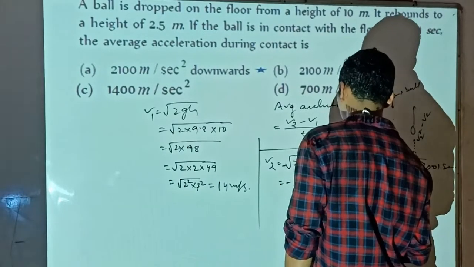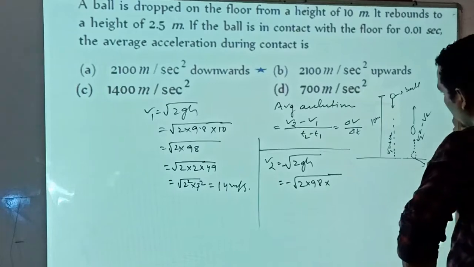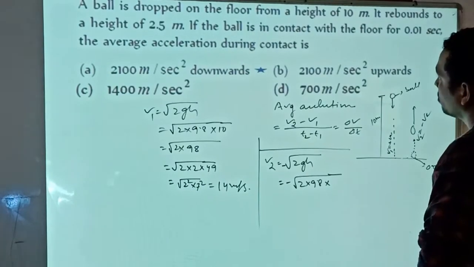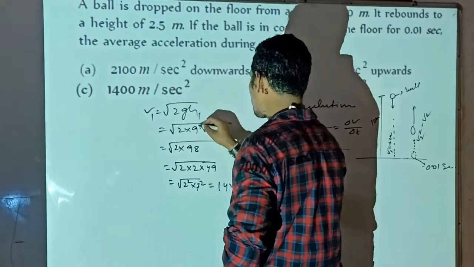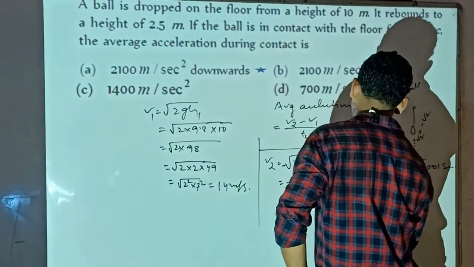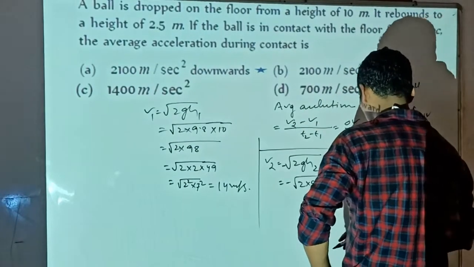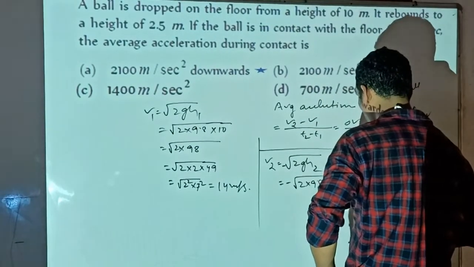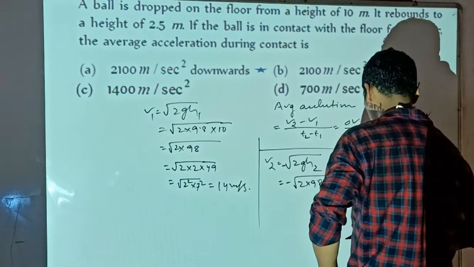Has h been given or not? 2.5. Okay, so this is h1 suppose, then this is h2, 2.5. So 2.5 into 2, that is your 5.